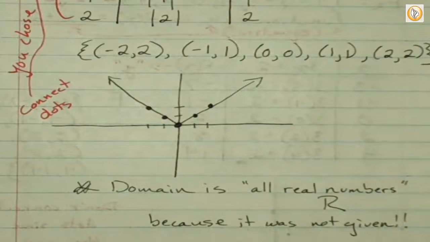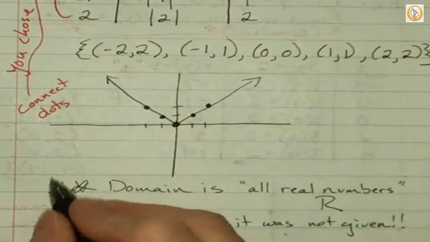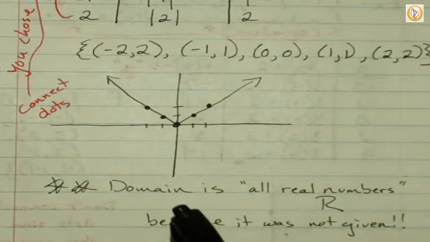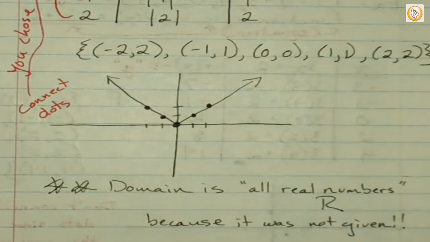So when you have to guess your own domain, the domain's going to be all real numbers.